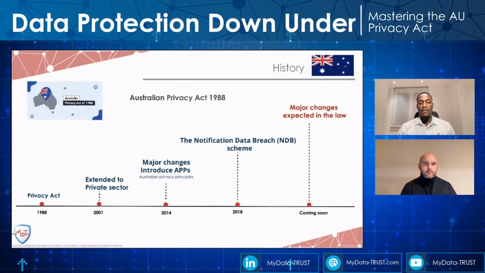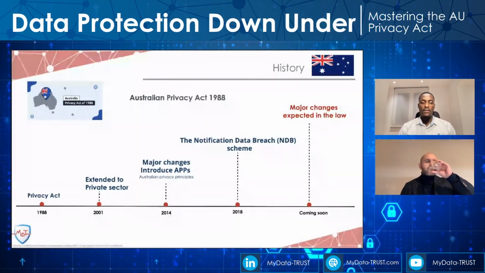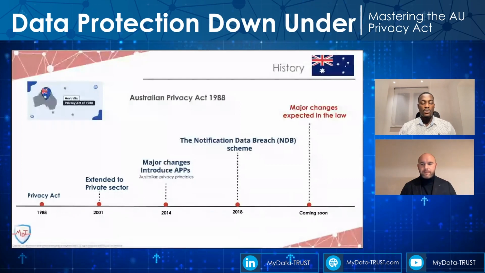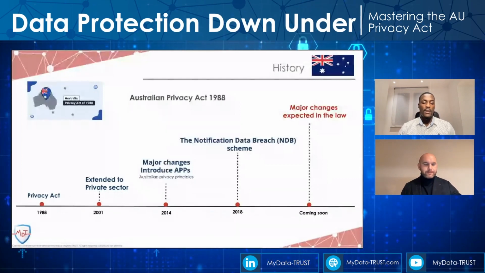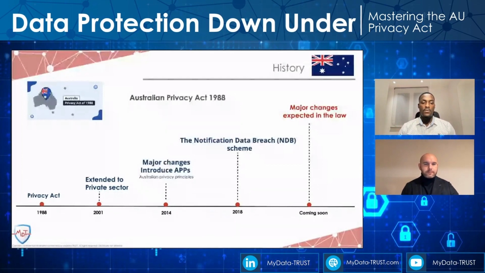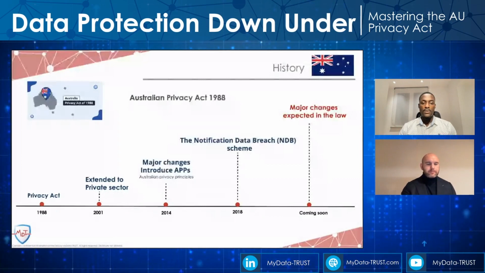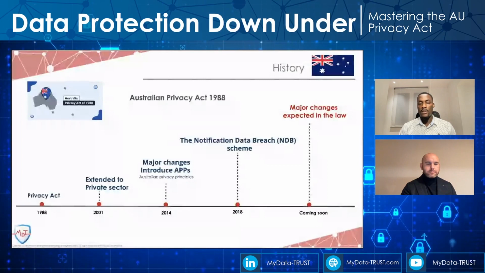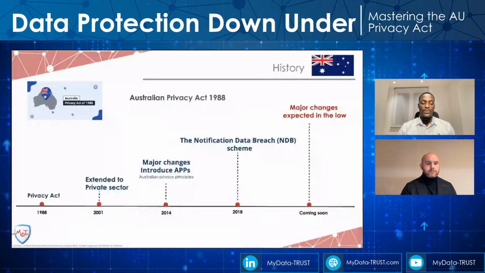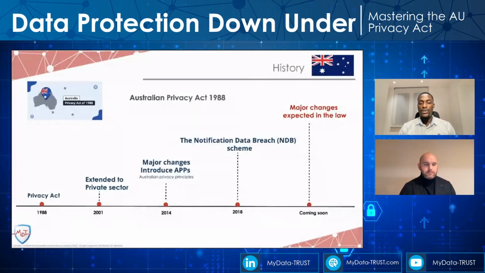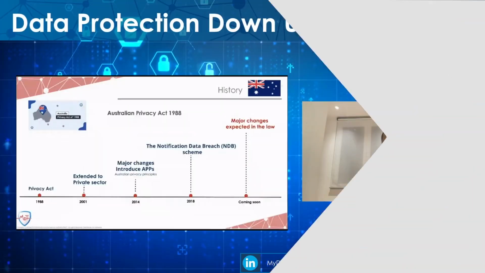This law has had a lot of amendments, but we will just select the most important. In 2001, the law was amended to extend it to the private sector. In 2014, there was a major change in the law, and one of these major changes was the introduction of the Australian Privacy Principles, which replaced the Information Privacy Principles.